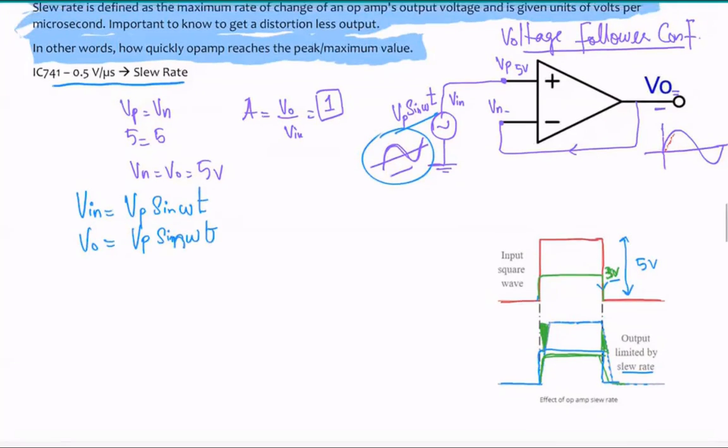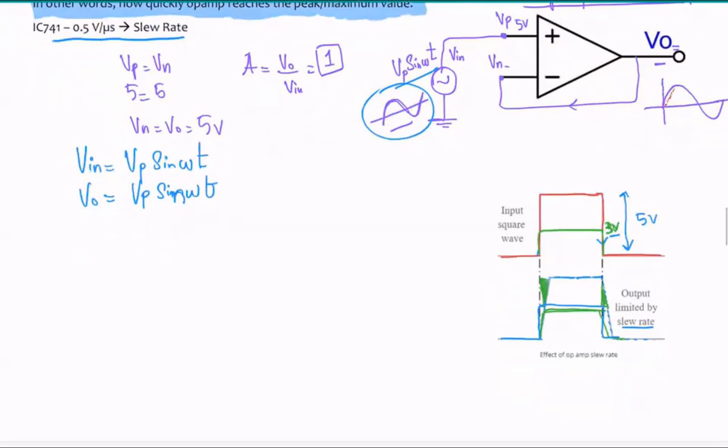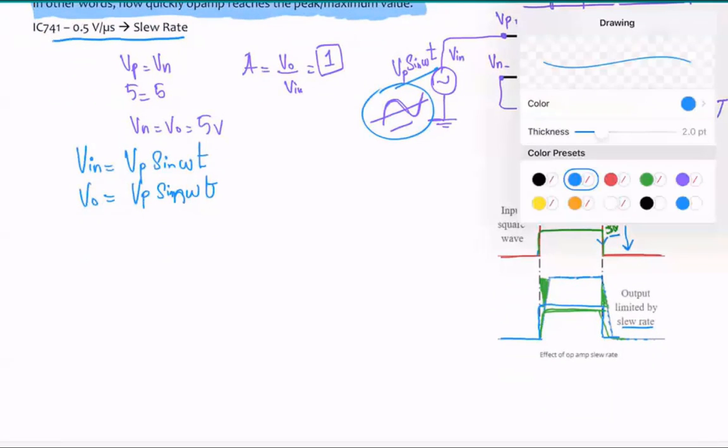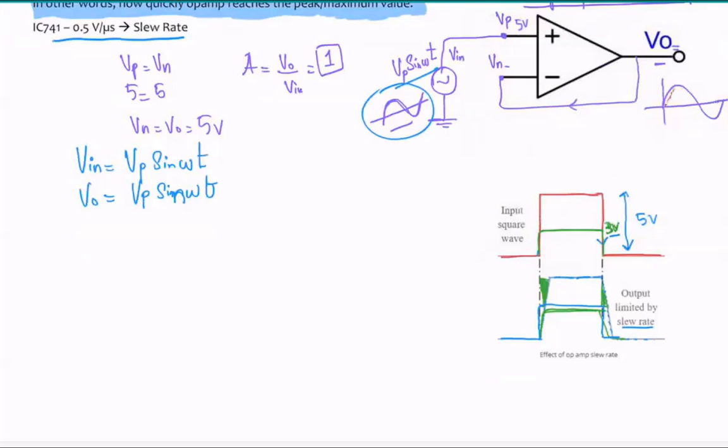And what we have basically learned from the slew rate is that it is the change in the output voltage over a period of time. On the x-axis you got the time, and on the y-axis you got the magnitude. This is V naught here. So it's basically a change in voltage over a period of time.